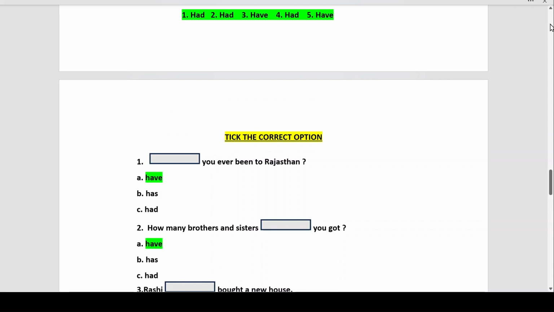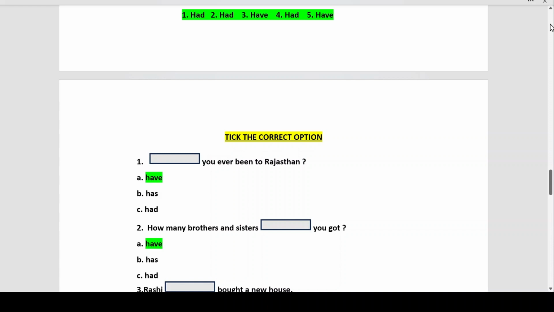The basic thing which you need to remember is to first check what the subject in the sentence is. Check whether it is third person singular. If yes, check whether it is in the present tense. If yes, then go in for has. If it is not a singular subject, but a plural subject in the present tense, then go in for have.